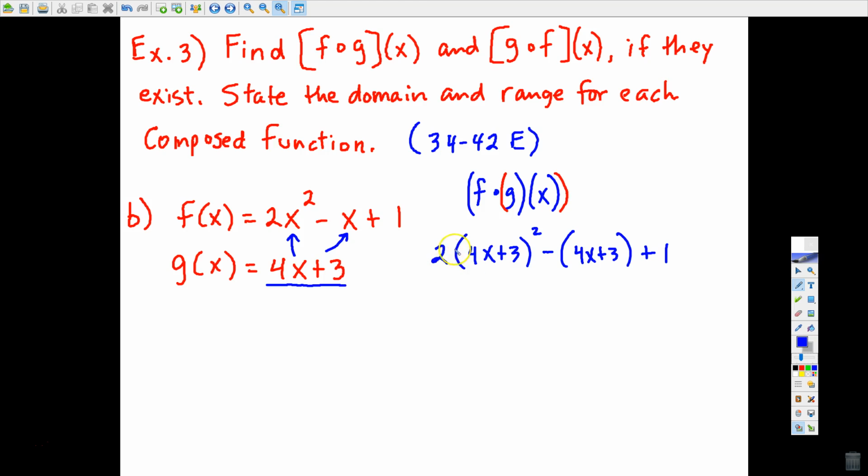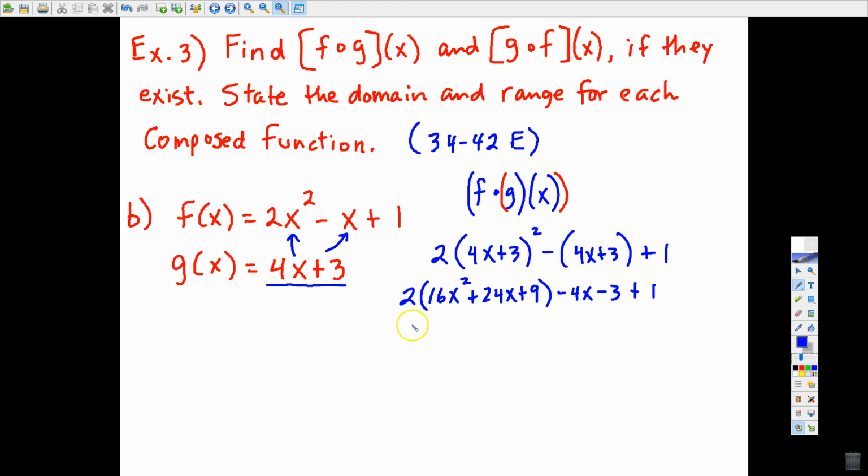So remember, before I multiply, I have to do the exponent. So when I square 4x plus 3, I get 16x squared plus 24x plus 9. I'm going to go ahead and do this subtraction because remember, I'm subtracting both of these. That's minus 4x minus 3, and then I'll bring down the plus 1.